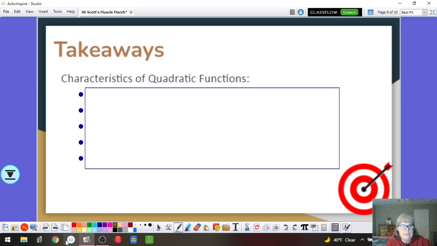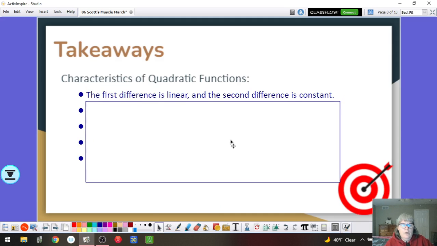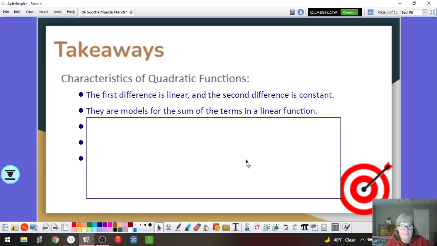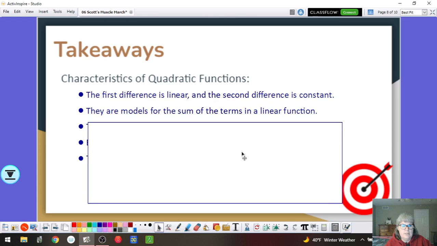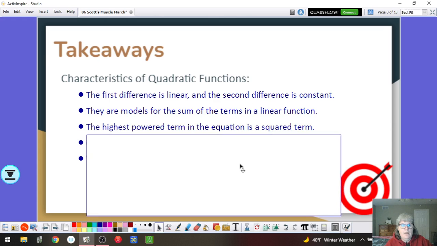So what are our takeaways? One characteristic of quadratic functions is the first difference is linear, the second difference is constant. They are models for the sum of the terms in a linear function. We just showed that with our sum. The highest powered term in the equation is a squared term, like n squared.